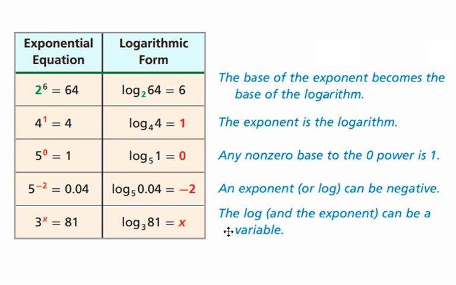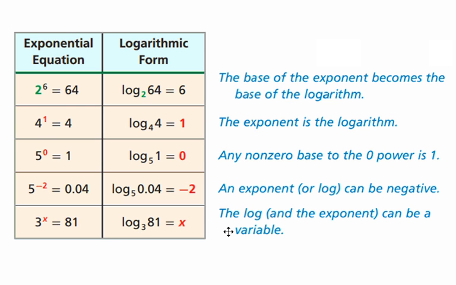Here are a few different examples of going from an exponential equation to a logarithmic equation, from one form to the other. So 2 to the 6th power equals 64. We know that. Another way to write that in logarithmic form is log base 2 of 64 equals 6. So that's saying 2 to the 6th equals 64.